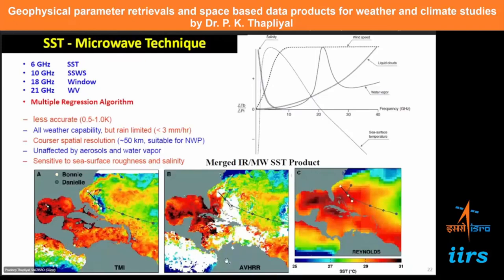This is SST retrieved from the infrared technique which I described earlier, from 10 to 11, 11 to 12 micrometer. Here you can see the dots of cloudy parts, there is no SST retrieval. Now when you combine the brightness temperature SST from microwave and from infrared, you get a merged product of SST, which is equally good over the entire domain.